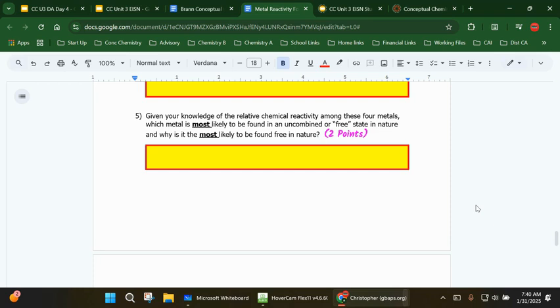Which one of those 4, and don't tell me, type it into your box, is most likely to be found alone or uncombined? And why? What did we just talk about? What did we tell you about things that are very reactive? What did we tell you about things that are not very reactive? So this is asking you which one you're most likely to find alone, not combined with something.